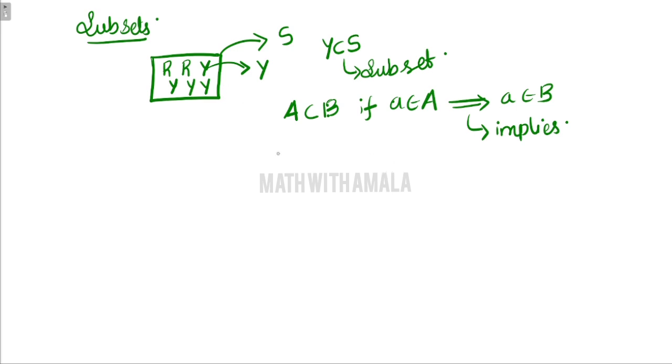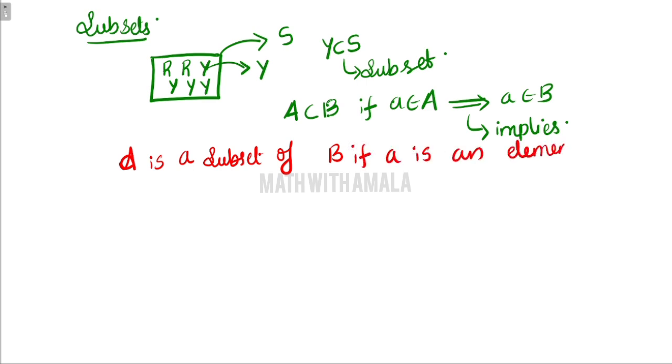So we can say that if we have two sets A and B, A is a subset of B if a belongs to A implies a belongs to B. That is, if a is in A, it should mean that a is there in B also.